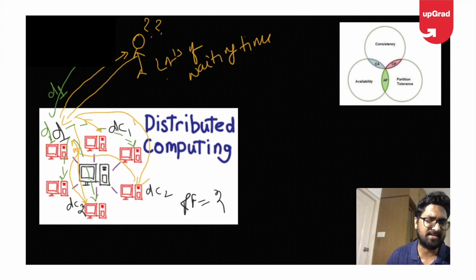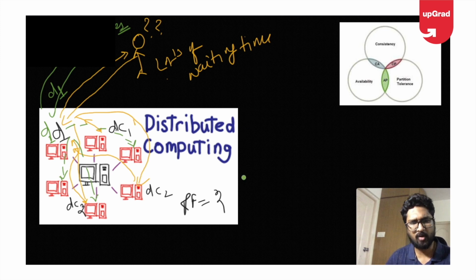As soon as this user requests to write D1 data on machine 1, and it is written on machine 1 itself, the response comes back to that user. And this user will be happy that yes, my data has been written. But the copying of this data, to maintain the redundancy and replication, will be done asynchronously. It is not done at the same time, but maybe afterwards there will be some kind of sync job which will replicate the data across the machines.